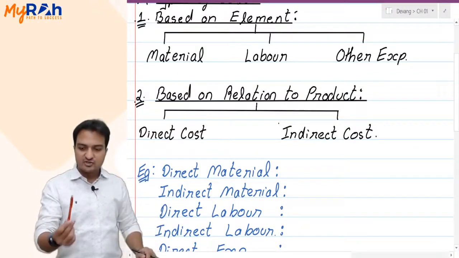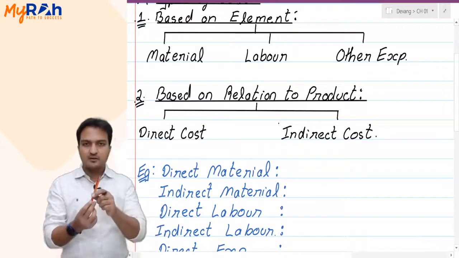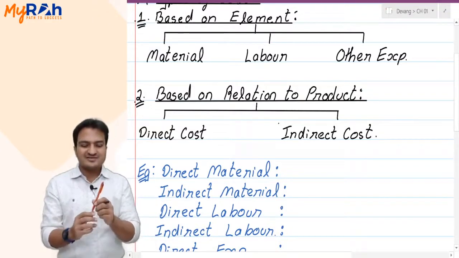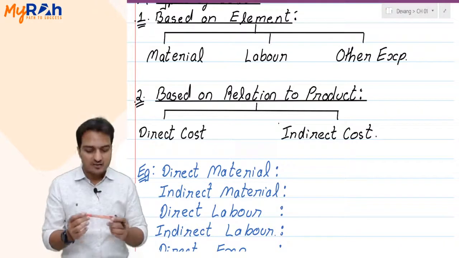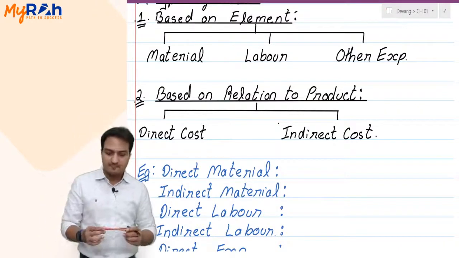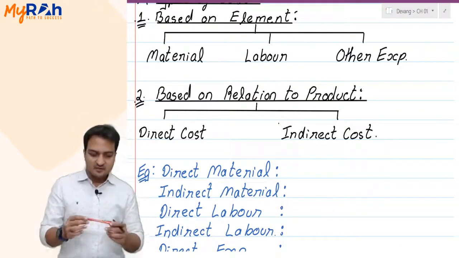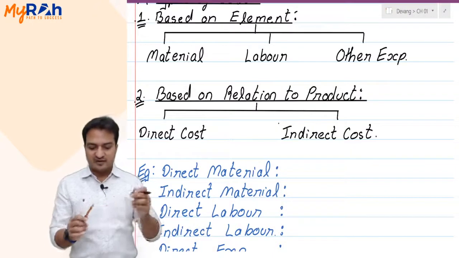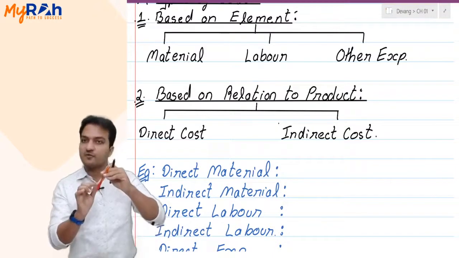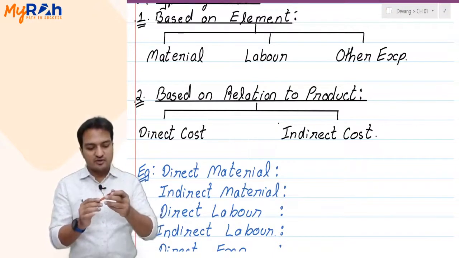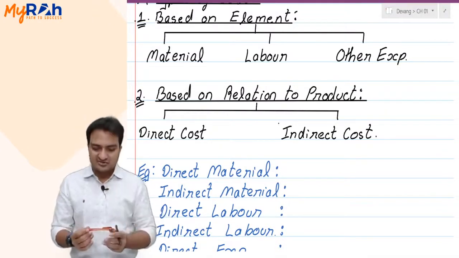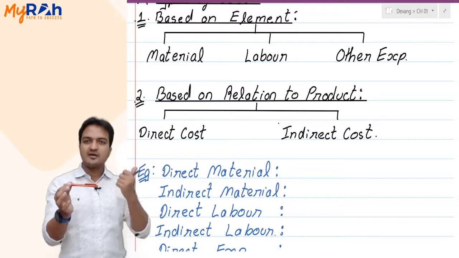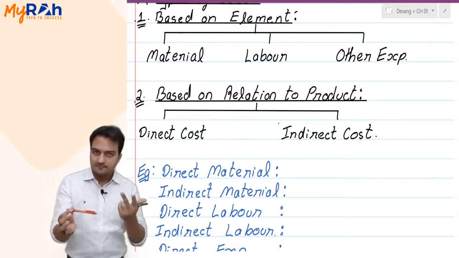If I'm manufacturing this pencil, then material cost indicates what? Materials would indicate, say, this pencil is made up of plastic. Plastic becomes my material. But this pencil contains plastic, it contains rubber at the top and rubber for the grip, plus it also contains lead inside. So three main materials are used in making this product: plastic, lead, and rubber.